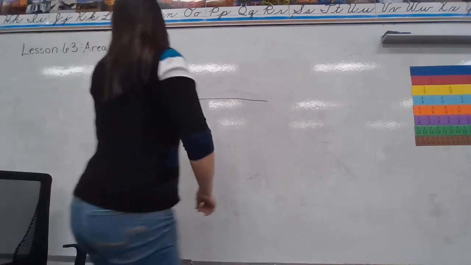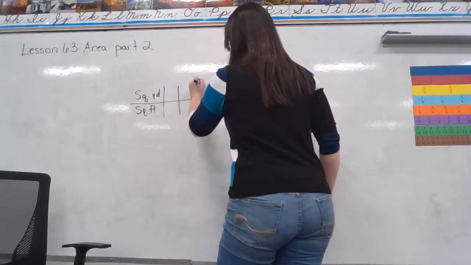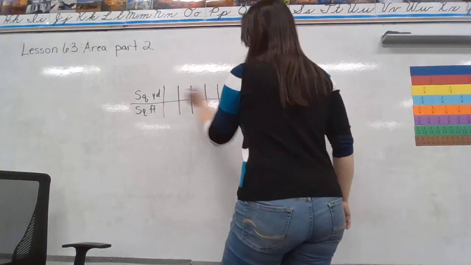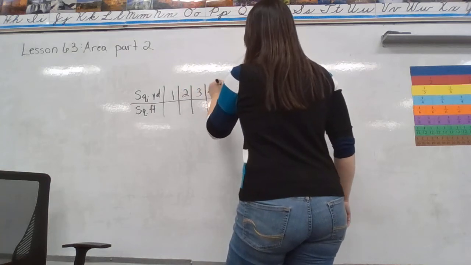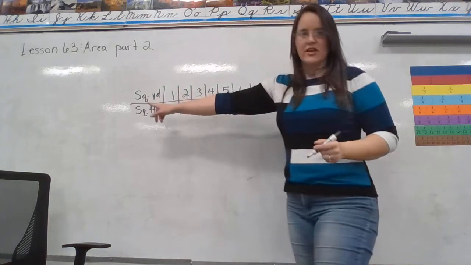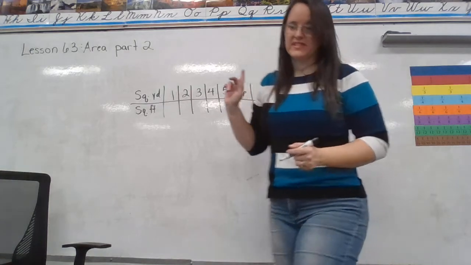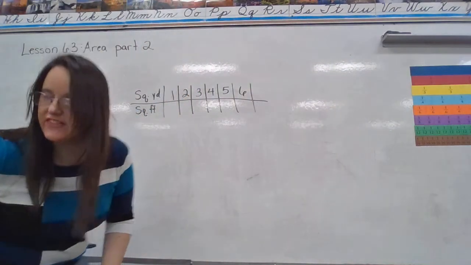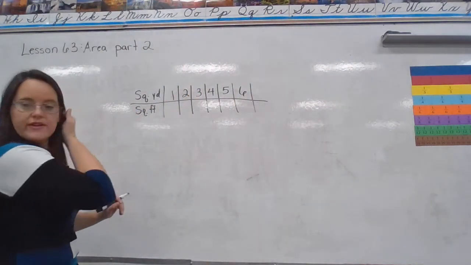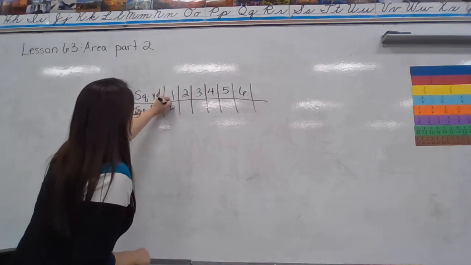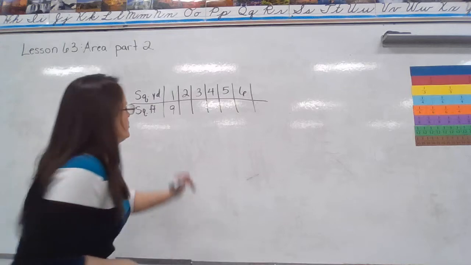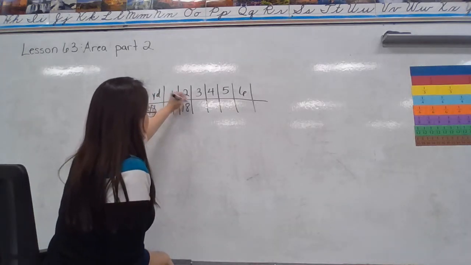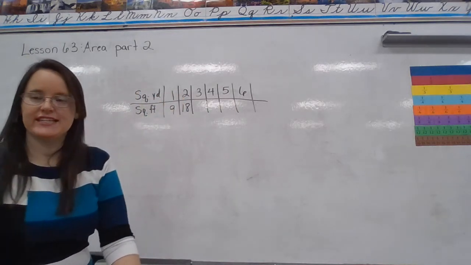Okay, so 1, 2, 3, 4, 5, 6. So it shows us this table with square yards compared to square feet. In 1 square yard, there are 9 square feet. In 2 square yards, there are 18 square feet.